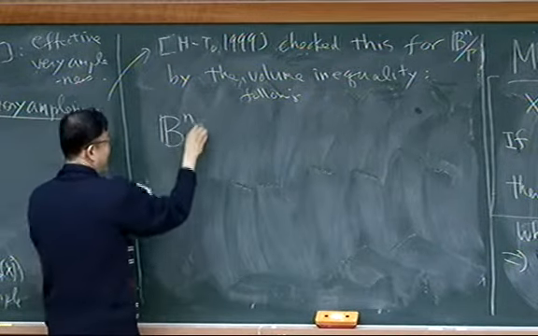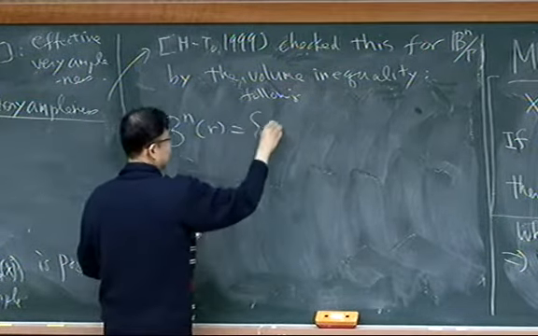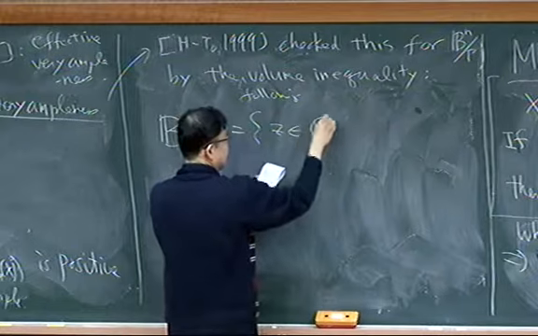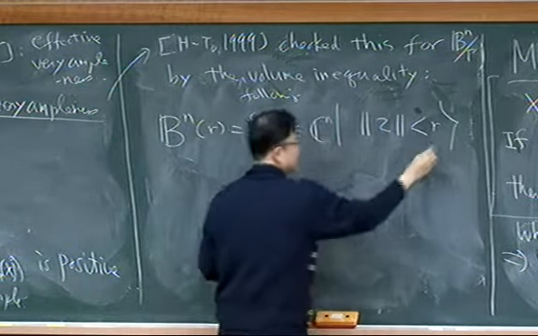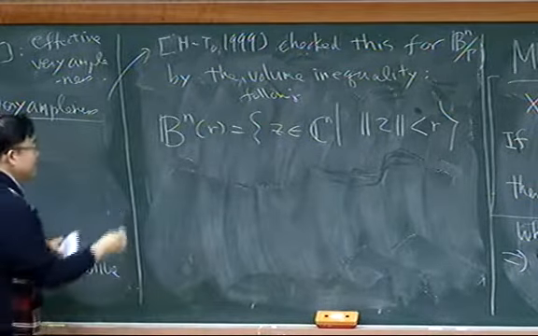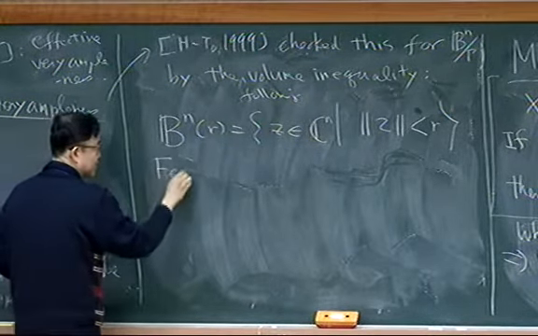So B_n(R) is the ball in C^n with radius R. And here's the classical Federer inequality.